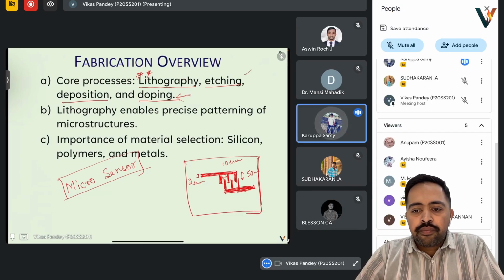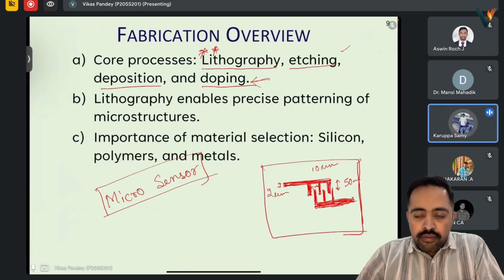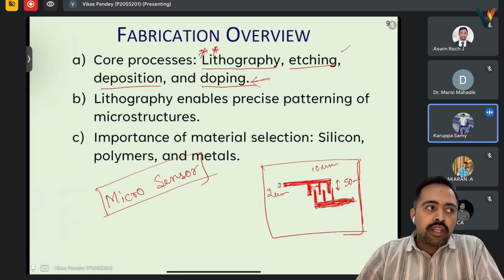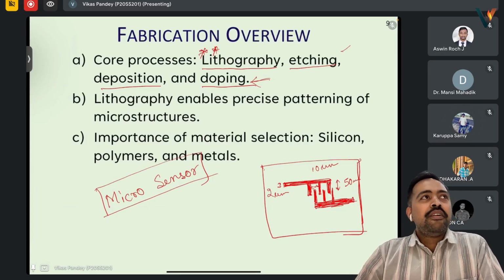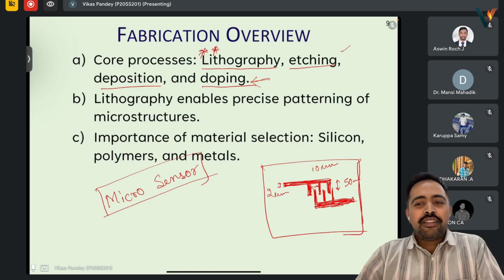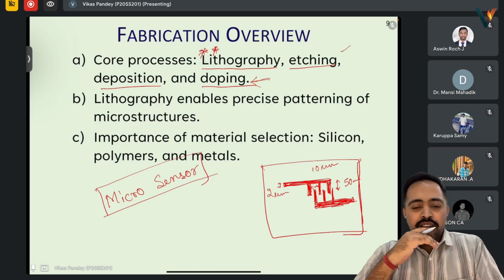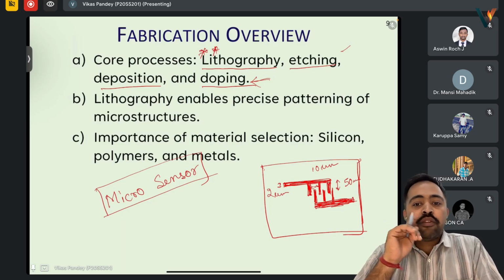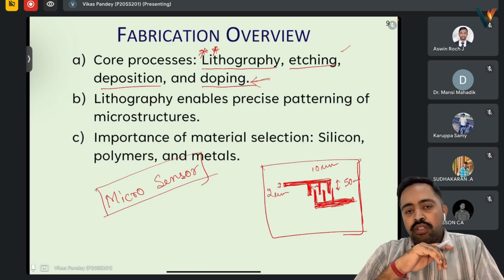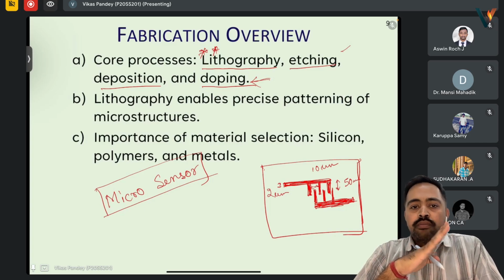So PCB design's first process is the bus connection. Okay, you are using the term a bit differently. If someone is familiar with PCB designing, lithography is used there also, but on a larger scale.